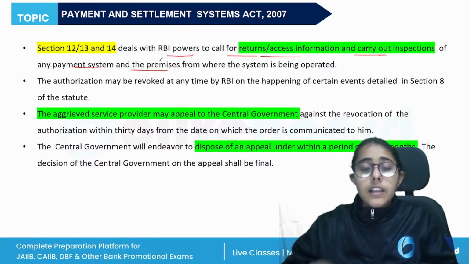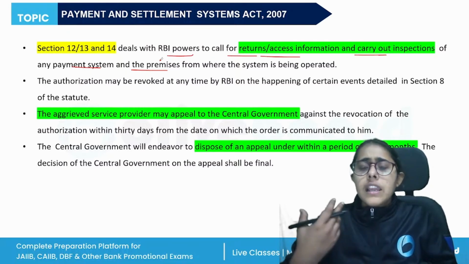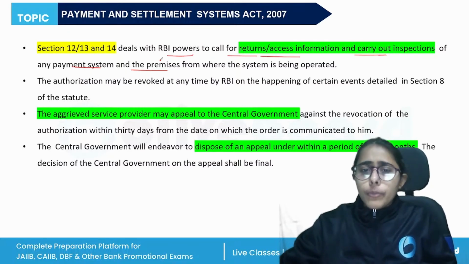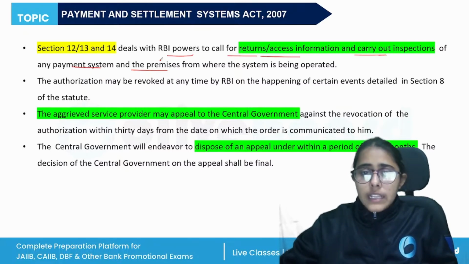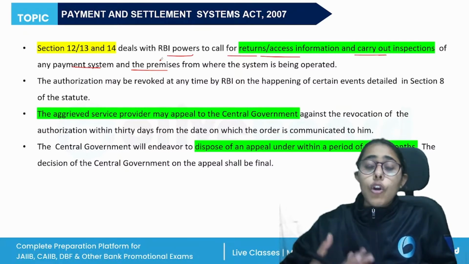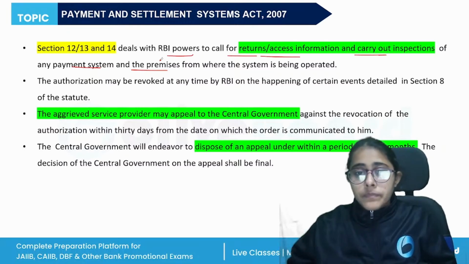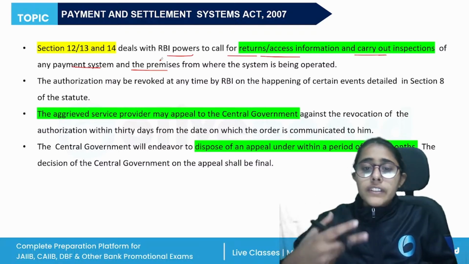They have this power. RBI can also ask for any information from any system provider, any such returns or documents, or at any interval that they require. They can access information relating to the operation of the payment system, and also they may authorize an officer who might visit the premises.